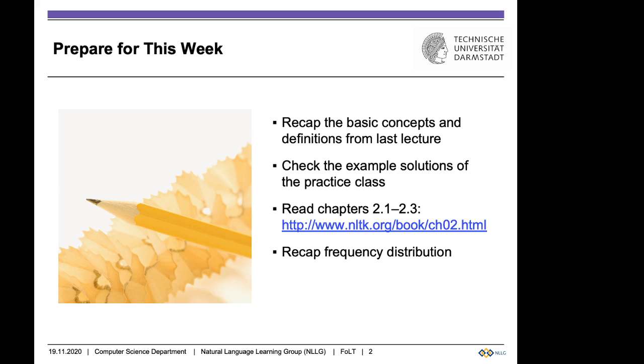First, we learned how to use Python and NLTK to make some basic text analysis, and also the concept of n-grams, and we know how to write Python code in a more efficient way compared to other programming languages. Please feel free to check the solutions of the previous exercise, and also make sure you have read chapters 2.1 to 2.3 on the NLTK website.